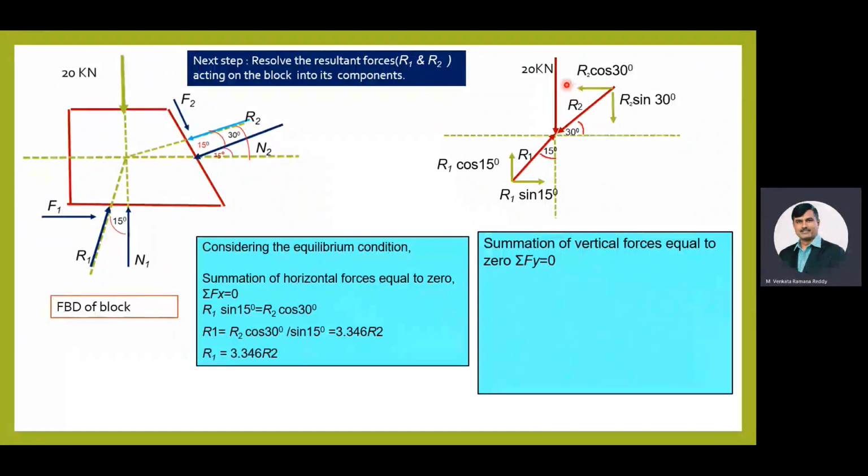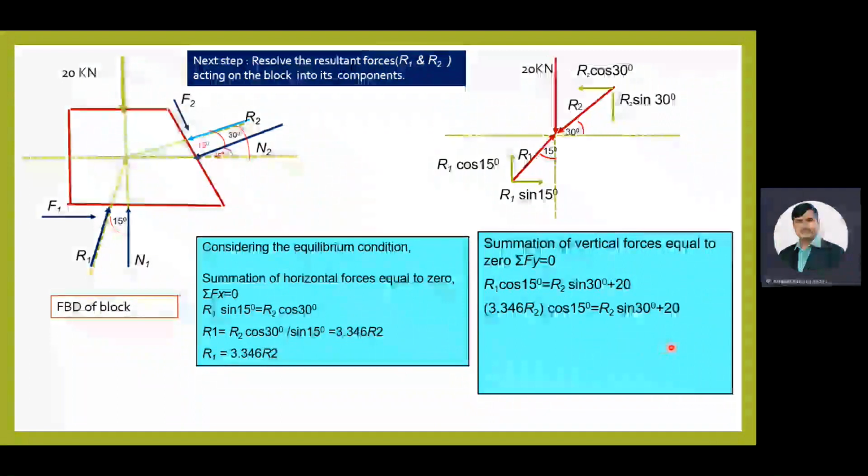That is, sigma Fy is equal to 0. Here the vertical forces are 20 kilonewton, R1 cos 15 degrees and R2 sin 30 degrees. Here we are considering upward forces as positive, downward forces as negative. Then R1 cos 15 degrees is equal to R2 sin 30 degrees plus 20 kilonewton. Then substitute R1 is equal to 3.346 R2.